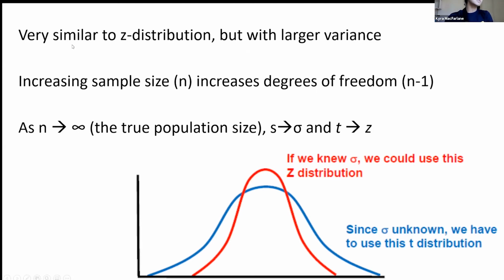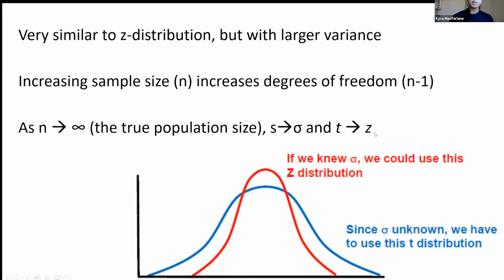So it's very similar to the z distribution, but with a larger variance because our population variance is unknown. So we're accounting for that. As our sample size gets bigger, our degrees of freedom also gets bigger. As our sample size reaches infinity, the true population size, our sample variance converges on the population variance and our t distribution converges on the z distribution.